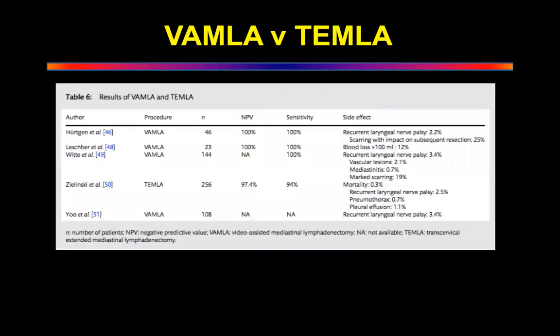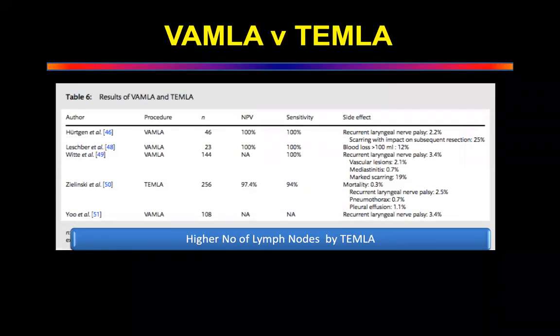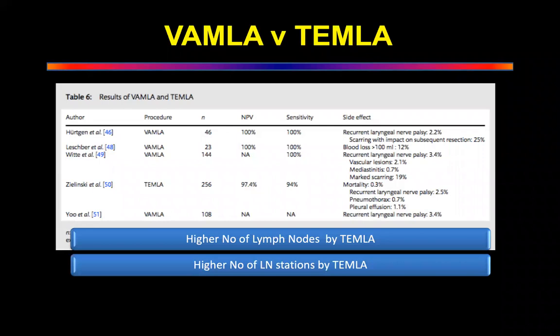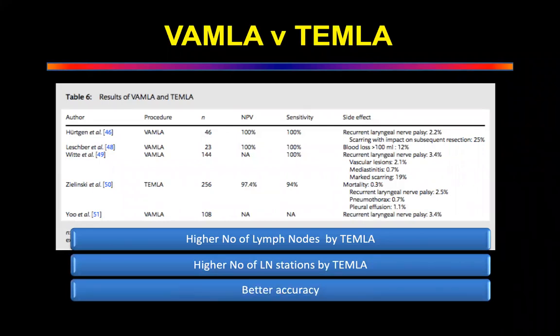VAMLA versus TEMLA, what is the evidence there? Okay, so they have looked at all the main studies that are out there. When you compare VAMLA to TEMLA, there is higher number of lymph nodes by TEMLA. Most important, higher number of lymph node stations by TEMLA. Better accuracy because you're getting more lymph nodes.